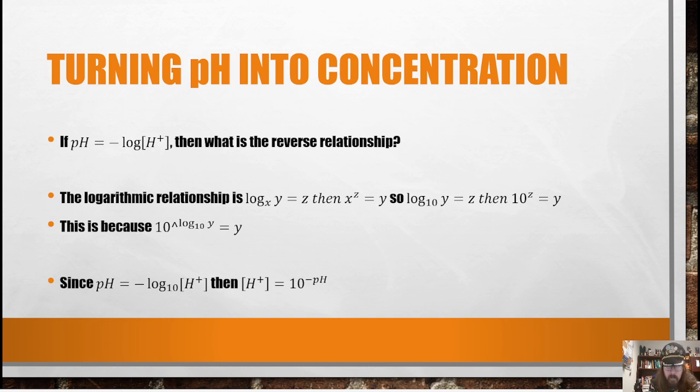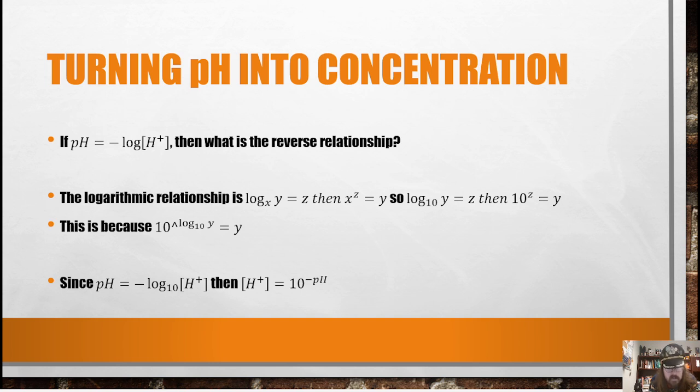Well, if I take that base and I raise it to the power of z, that will give me y. So log base 10 of y, which is what we've been doing, would equal z. So 10 to the power of z will give us y. So essentially, the inverse of a log base 10 is raising to the power of 10. So if I take 10 to the log base 10, they cancel out.